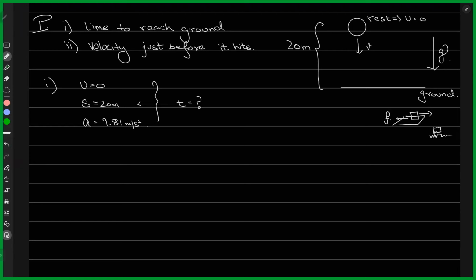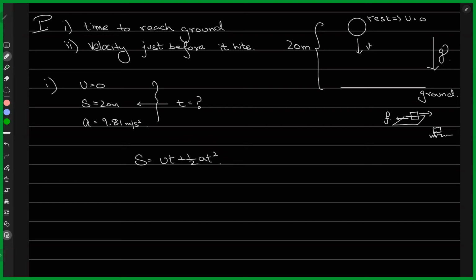Okay, someone was saying something. How will we find this time? Sir, s is equal to ut plus half at squared. Right. Now let's see. We want t.